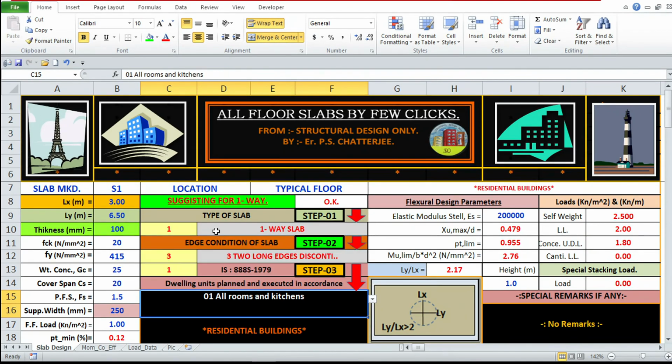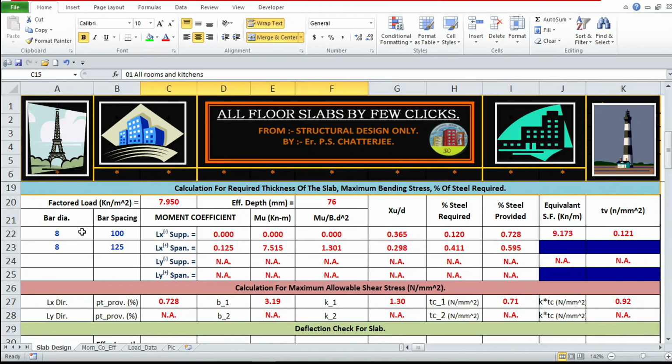When we are changing this, look here, live load to concentrated UDL 1.8 and stacking load 0, cantilever load 0. Direction of design is only in Lx direction, Lx top, Lx bottom.